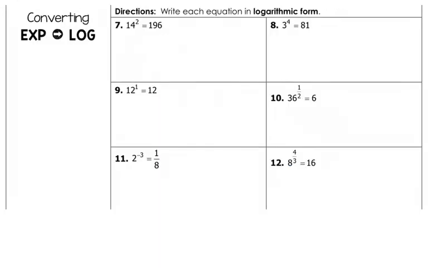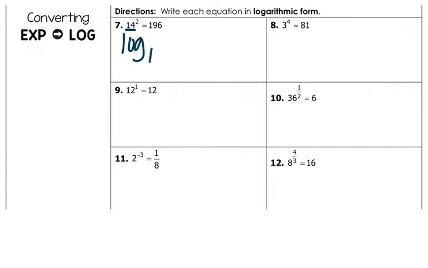Okay, so now we are doing the opposite of what we just did. We're starting in exponential form, and we are converting to log. So our first step here is always going to be writing log, because that's how our log form starts, okay? So the log of, remember, our base was our big number.